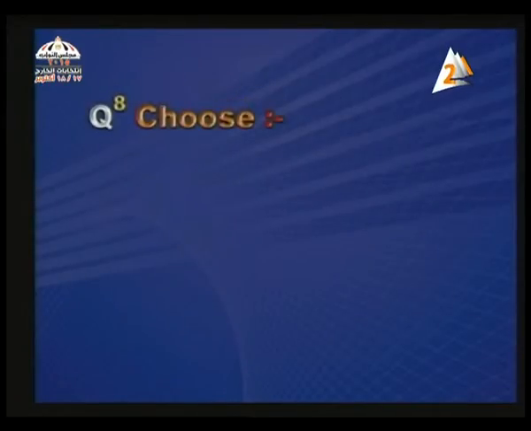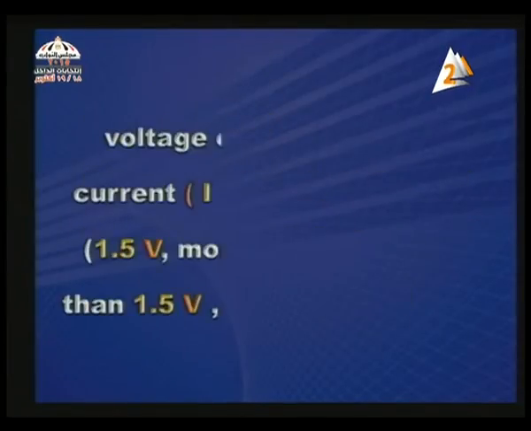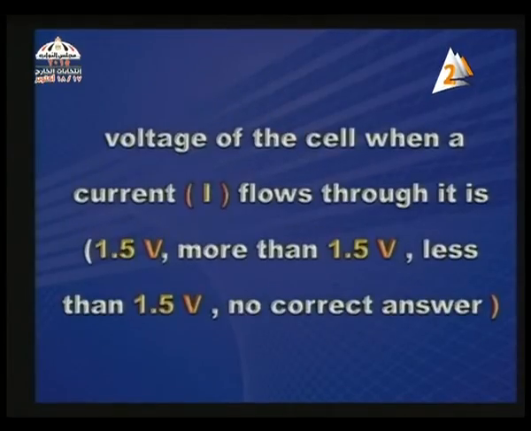Okay, another question, choose. If the EMF of a cell of internal resistance, your attention, the cell has an internal resistance denoted by small r, is equal to 1.5 volt, the terminal voltage of the cell when a current flows through it is, there is a current passing through it and it has an internal resistance.